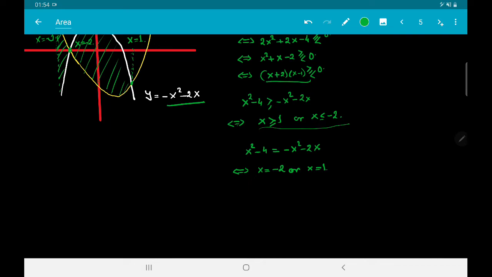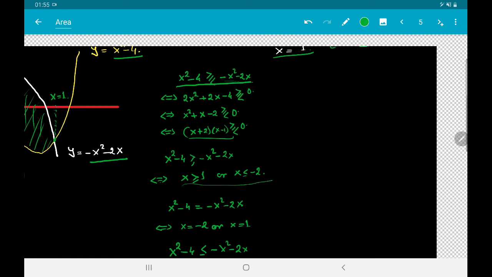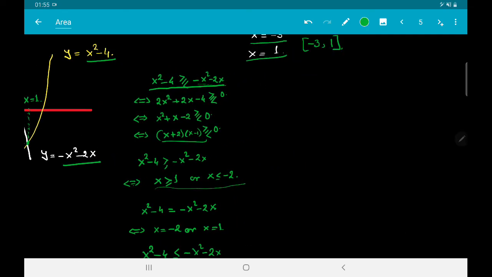Also, let me put it here for convenience that x square minus 4 is less than minus x square minus 2x if and only if, so the complementary region, when x lies in the interval between -2 and 1. And now it is a matter of integrating these two things, and let me just give you the idea.